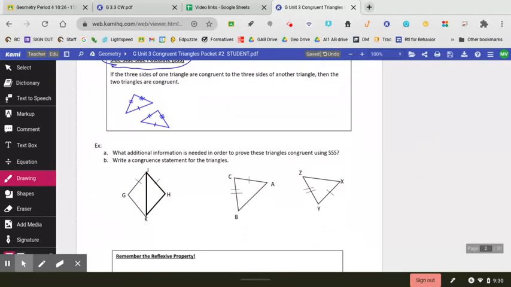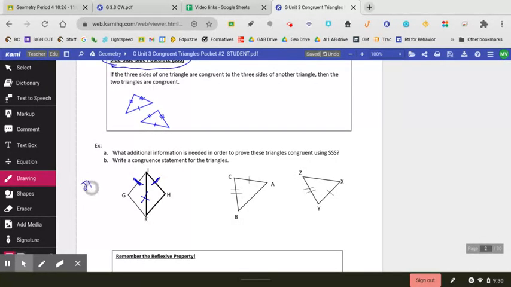So if we look at these examples, what additional information would I need to show that these two triangles are congruent? So I know that GJ is congruent to HJ. That's what that little mark means, remember. And since JK is itself, remember we learned a property called the reflexive.